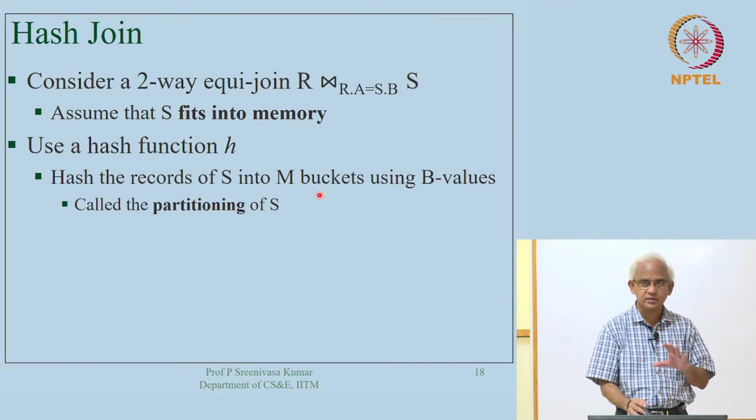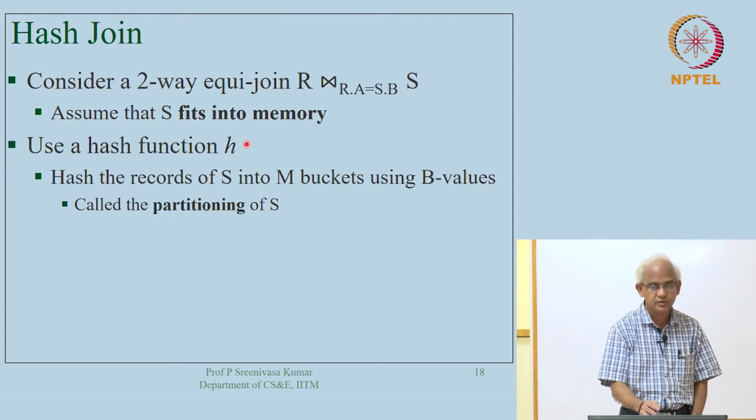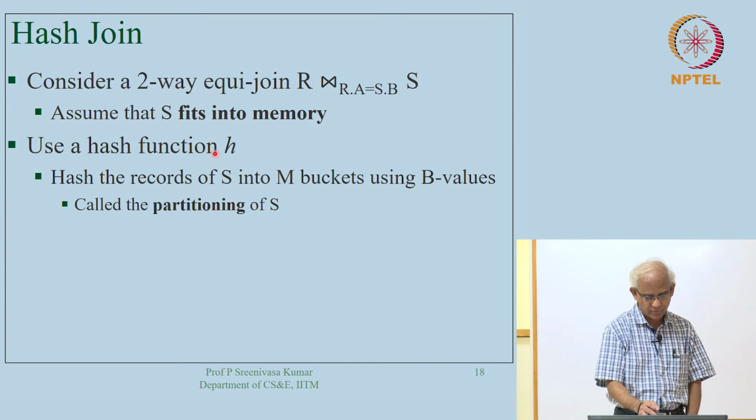So the entire file is in memory now, but it is sitting in such a way that the records are distributed hopefully evenly among all the m buckets. Okay, that depends on the hash function, right. You have studied hash functions earlier in the data structures course, so we will not go deep into that.